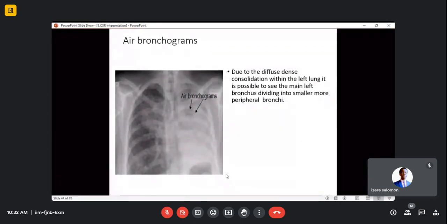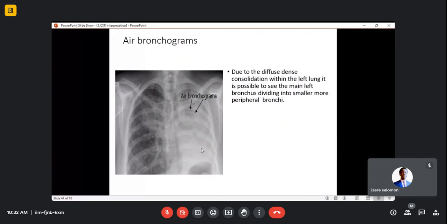Like now, by seeing this elevation of the left hemidiaphragm, I immediately think, almost confidently, that there is something here in the left lung that is pulling on the hemidiaphragm, even on the trachea, because this hemidiaphragm cannot be up at this level without any cause here in the left lung. Okay? Are we together?